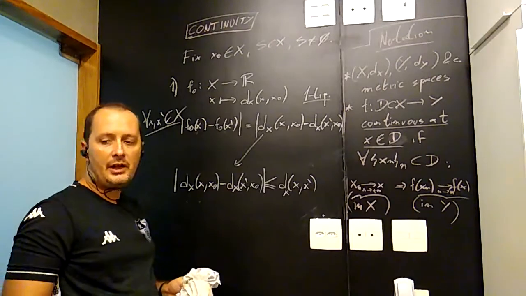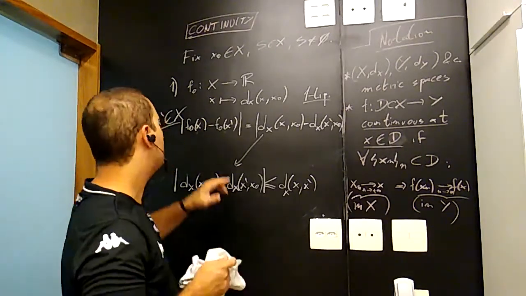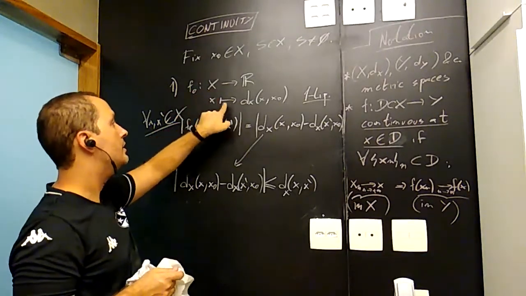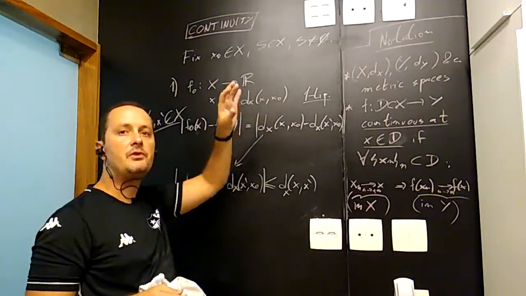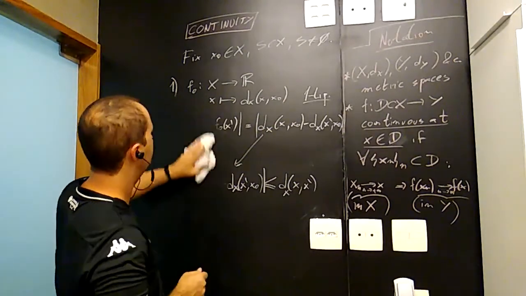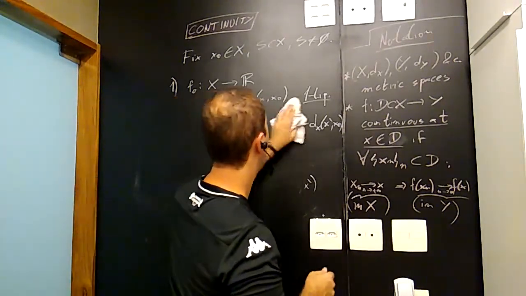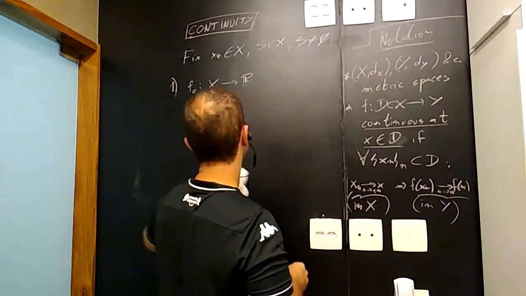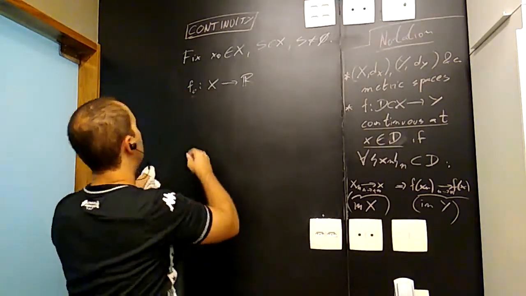Now here's a slightly more challenging example. Here my function measures the distance from a point to a fixed reference point. A more challenging example is example 2 here.